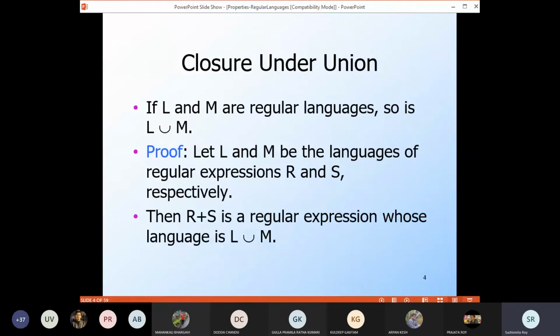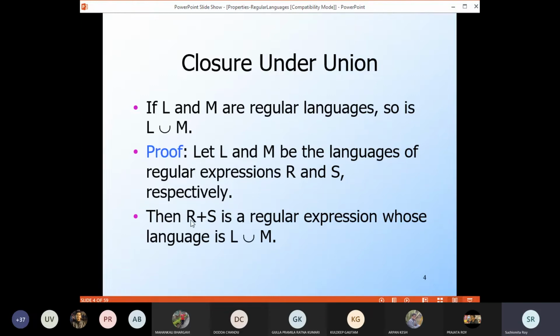Okay, the first is union. Union operation means members of two regular sets, if you combine them together, what you get back is also a regular set. Now, actually, it is largely instinctive. We have often implemented this union operation in the form of this plus operand or operand. Okay, you have seen this in regular expressions.